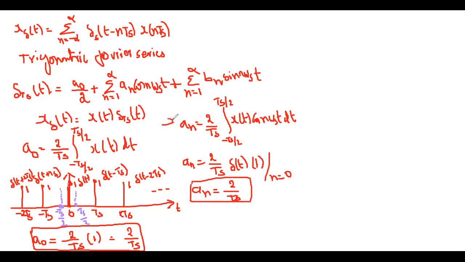And next thing, the bn. What is the bn value? The equation is bn is equal to 2 by ts, integral from minus ts by 2 to ts by 2. Listen carefully, my dear students. It is very important. Definitely, you will get it in the external exam as a 7 marks or 8 marks question.